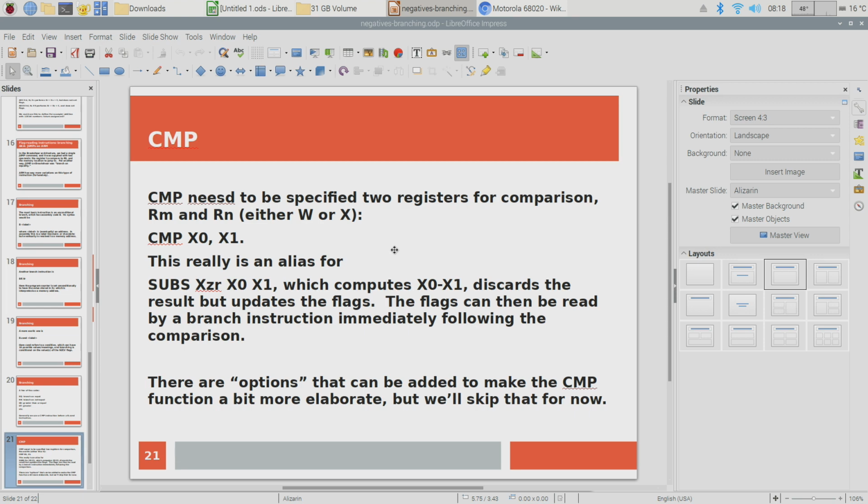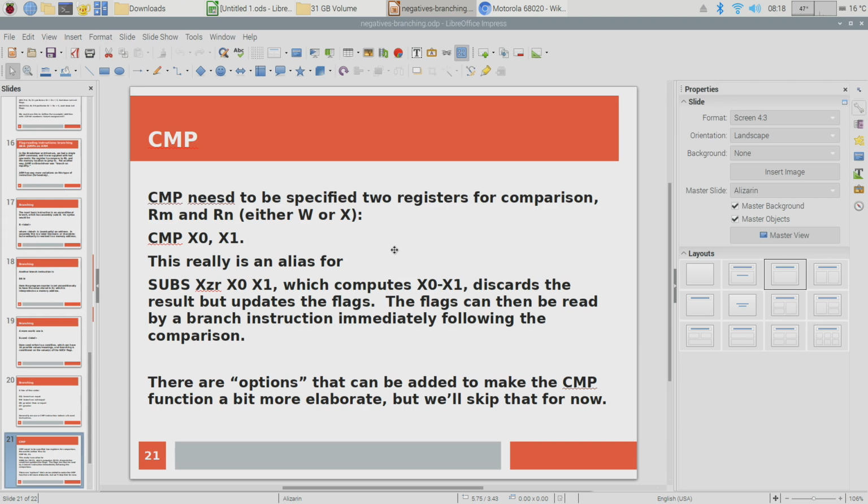Oftentimes we want to do a comparison. So for example, let's say that you're writing a loop of some sort, like a for loop. What's the comparison that you need to make? You've got your counting variable, let's say i, and then you've got your max value that tells you when the loop is supposed to finish.